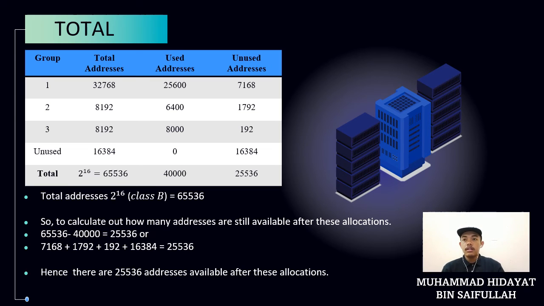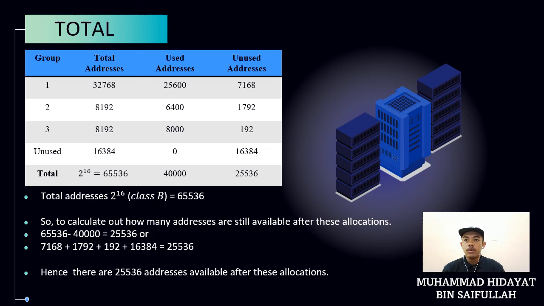For the summary, group 1: the total addresses are 32,768, the used addresses 25,600, and the unused addresses 7,168.